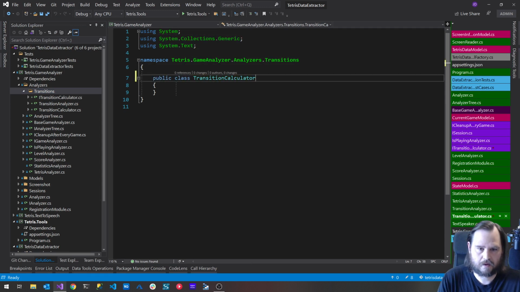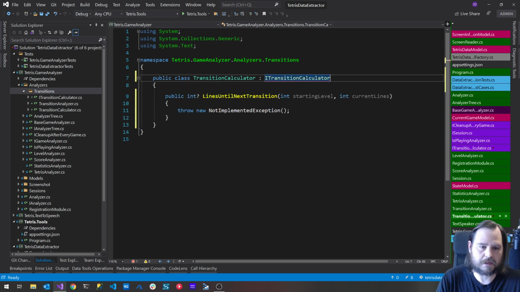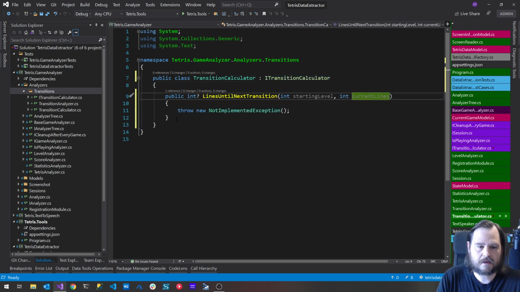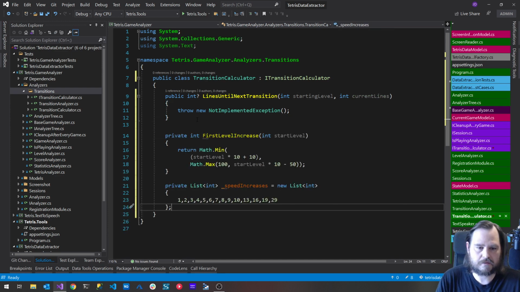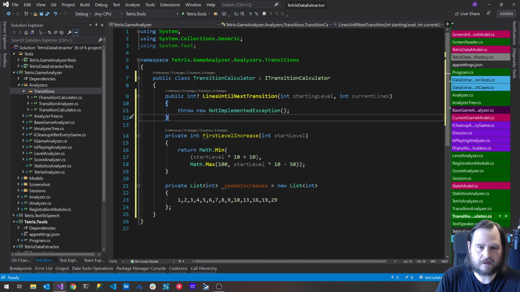Transition calculator, and we will implement this interface. So I'm going to paste those two methods that we know work, and that's good. Yeah, that's good. That's all we need.